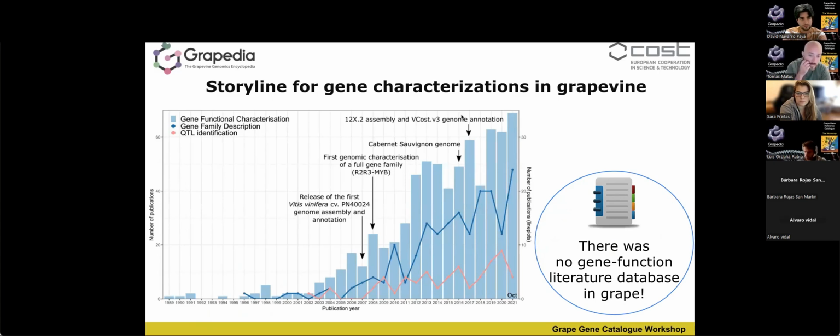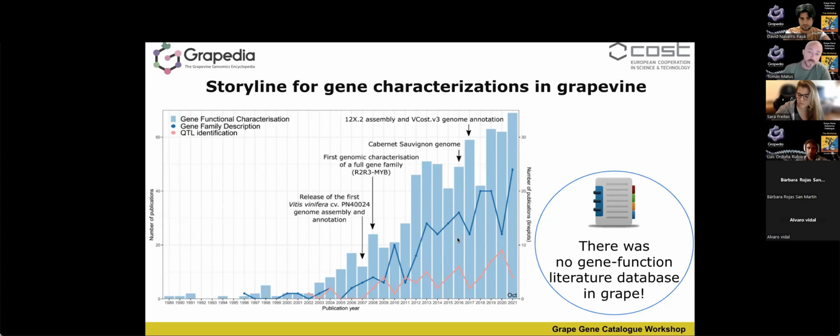You can see here that the publications related to gene roles or functions, genes that are being characterized, and articles related to gene families have been growing exponentially since the first release of the PN40024 genome assembly, which was in 2007. Nevertheless, even in the early 90s, we already had some articles describing gene functions in grapevine.